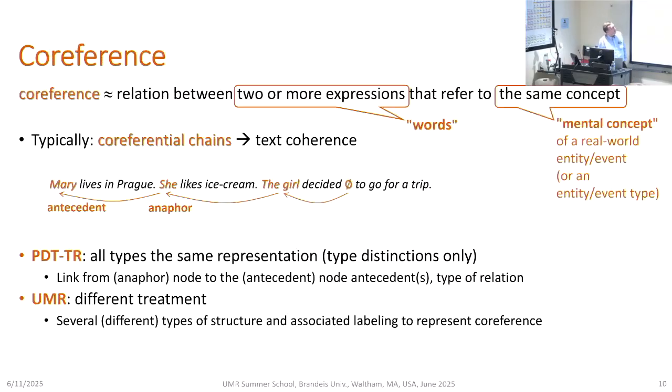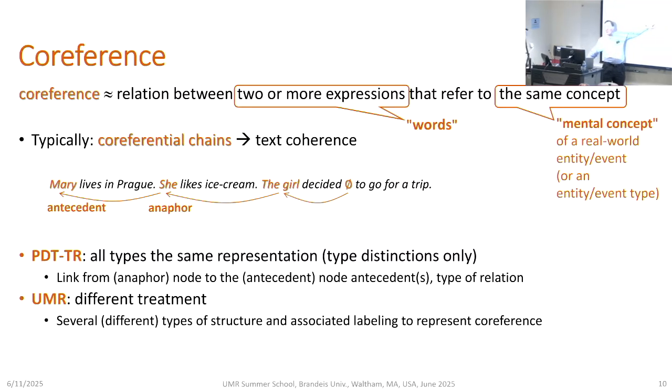Now the types of co-reference, right? So the typical thing that happens in corpora is that you have this kind of chain. First you mention someone by name or by a very concrete description of the person or thing or event, and then you refer to it by various means: by the pronoun, by a more general verb or a more specific word.